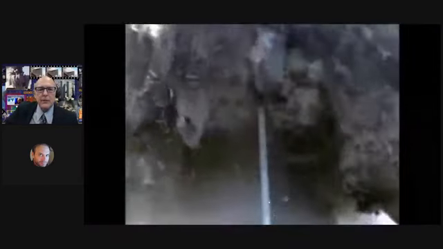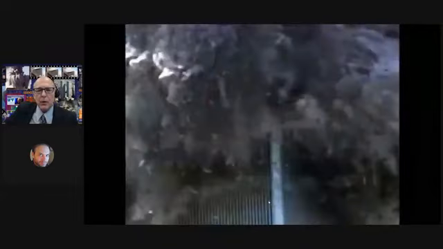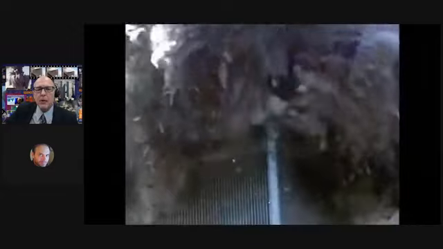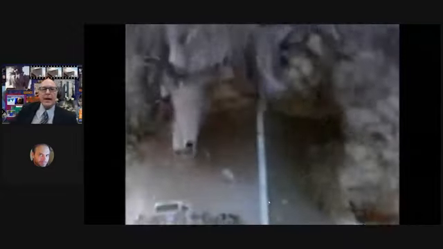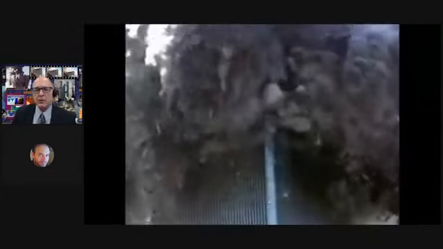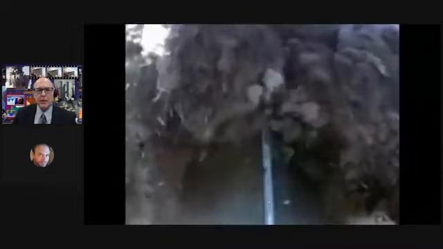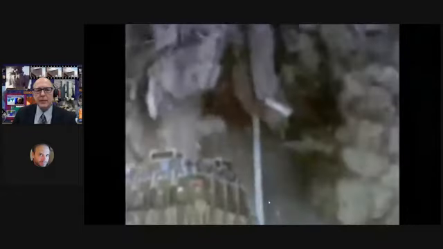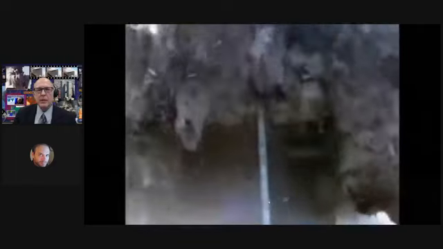Here's another view of it on the lower right. What are you looking at? Traveling down the face of the building almost as fast as the freely falling structural sections, core and perimeter columns. And we'll get to the squibs, or those isolated explosive ejections, in a moment.